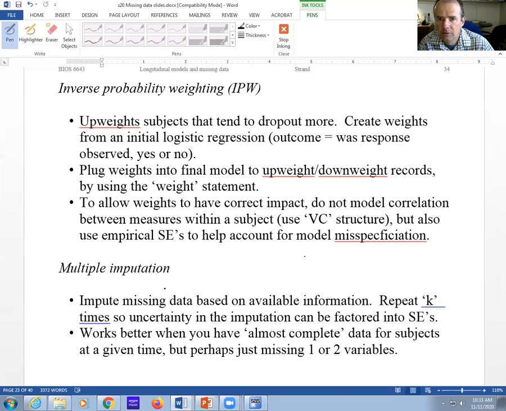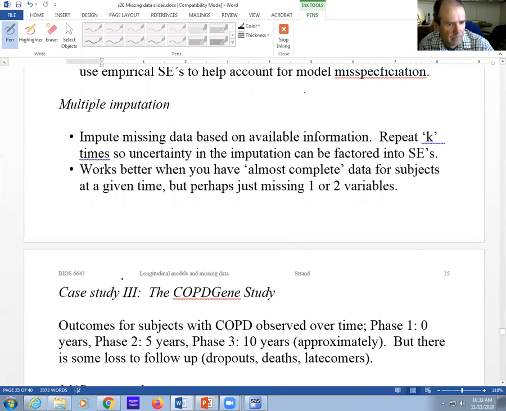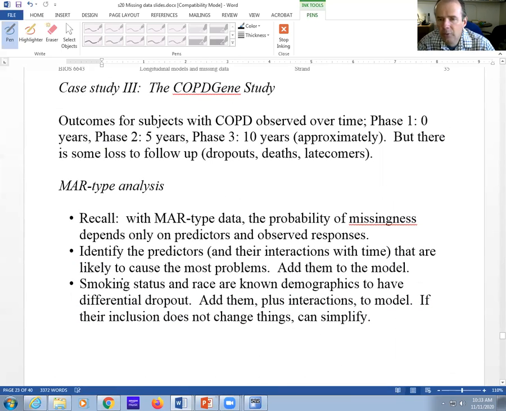If you're assuming it's missing not at random, there's inverse probability weighting and multiple imputation. I don't have the code here, but I can share that with you if you want to use the inverse weighting approach or the multiple imputation on your data set.